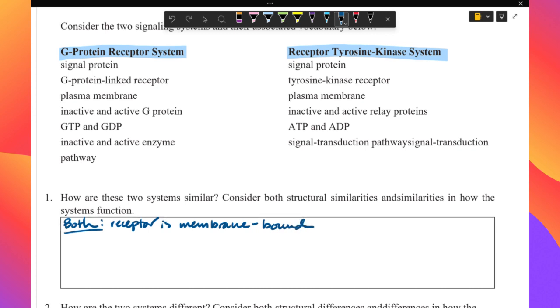Okay, so the binding of a signal molecule to the receptor activates them. In both, activated by signal molecule binding to the receptor.